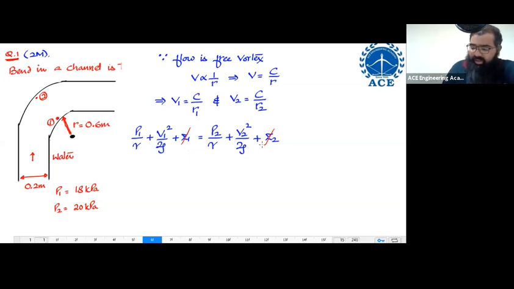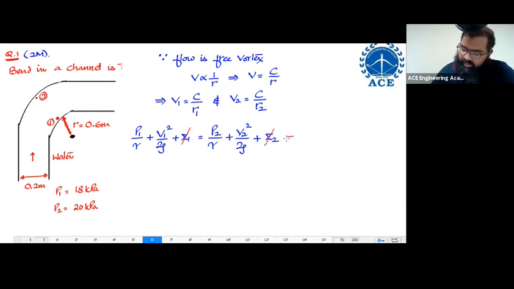After having cancelled Z1 and Z2, next thing is, in place of V1 and V2, I'm going to write C by R1.